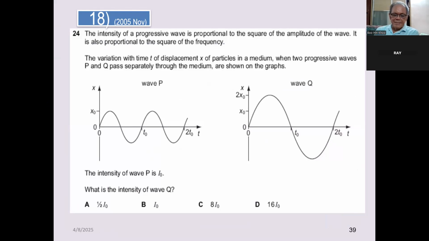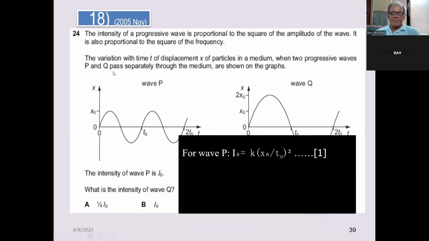What's the answer? Write down the equation. P is I naught. Intensity is proportional to the square of frequency. Frequency is inversely proportional to your period.